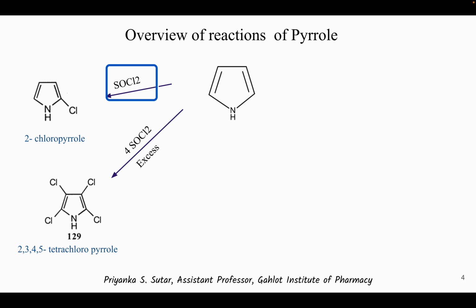Means all carbons will be substituted with chloride, so halogenation takes place at 4 carbons.